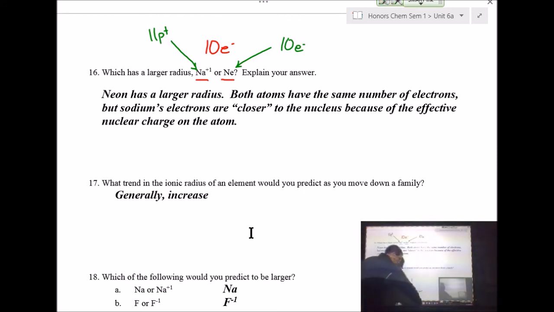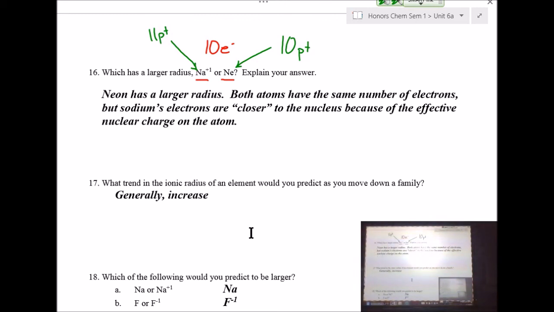Sorry. Did you just say that both of them? Put what I just said. Okay. So which one? They both have 10 electrons. Again, protons identify what we're looking at. So just because it has a +1 doesn't change the proton number.